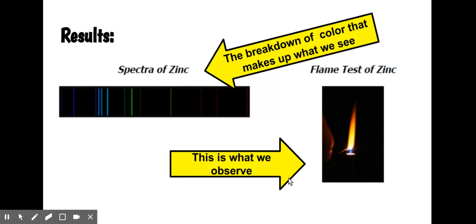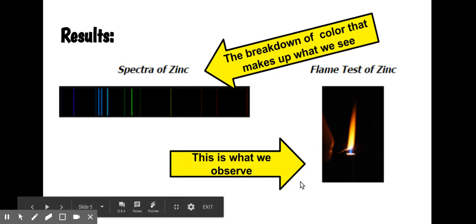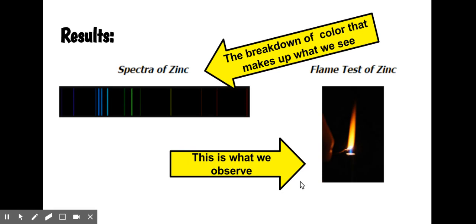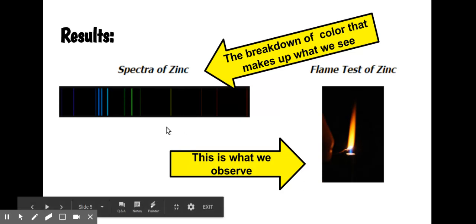So what happens is when it goes from excited to unexcited and it releases that light, we see it as far as the flame test. So if you look at the flame test of zinc, the right-hand picture, that's what we see as the light coming off. What we can't see is the spectra. But if I actually took that color from that flame and we broke up all of the pigments in that, we would find that it looks like here.